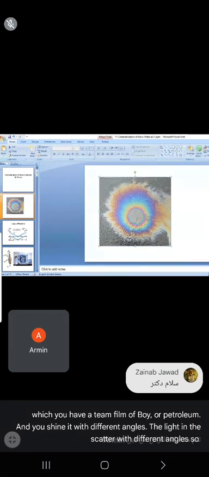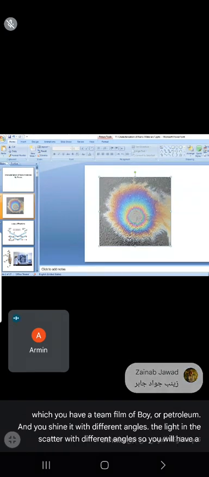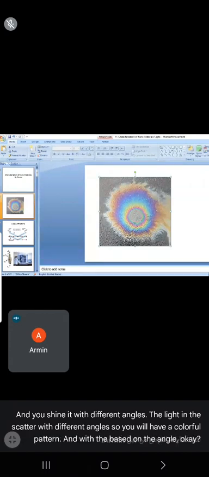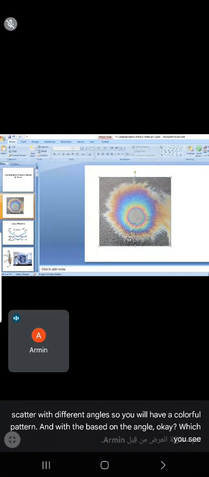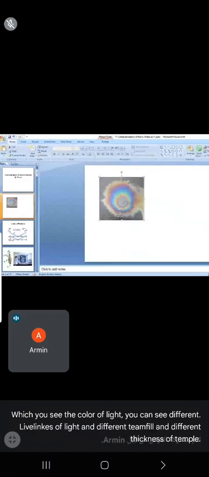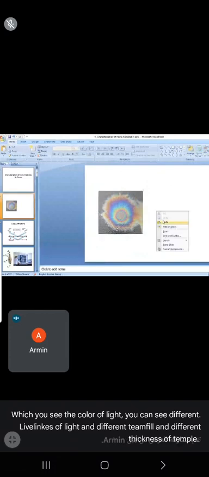So you will have a colorful pattern, and based on the angle at which you see the color of light, you can see different wavelengths of light and different thickness of thin film with different angles.